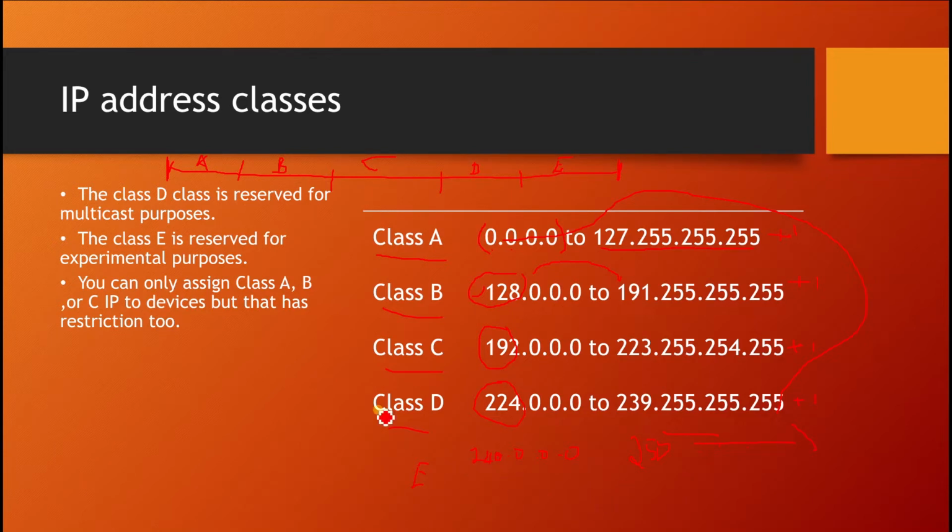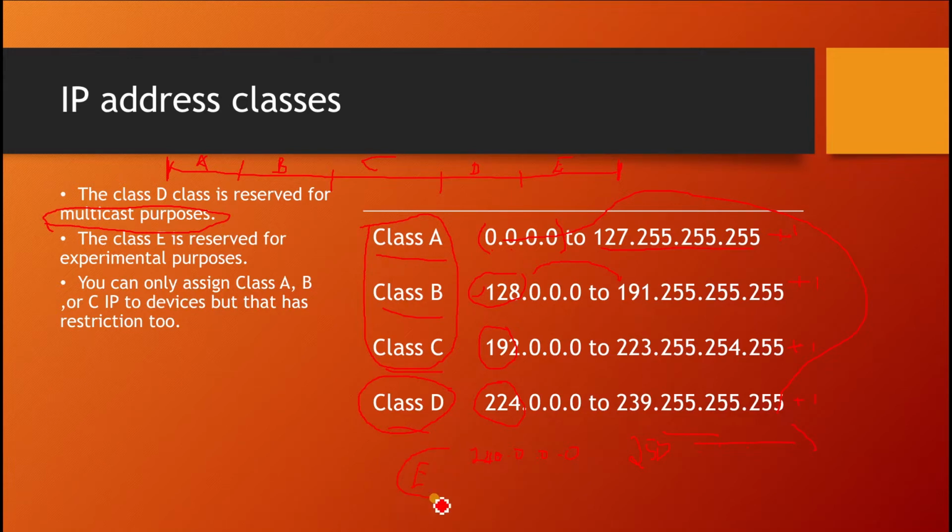Class D IP addresses are used for multicast purposes. Remember, a network communication can be unicast, multicast, or broadcast. So A, B, and C are used for unicast communication. Class D is used for multicast communication.